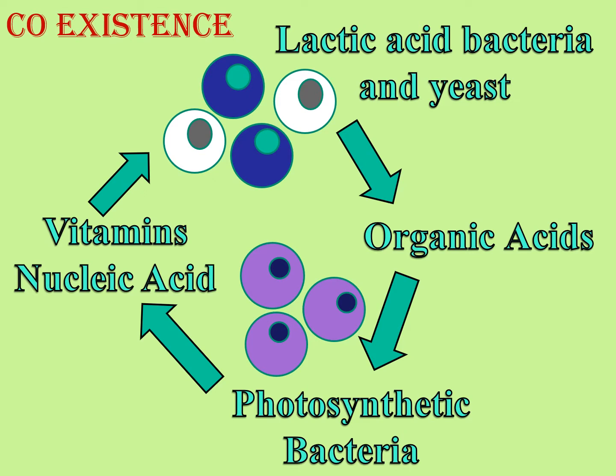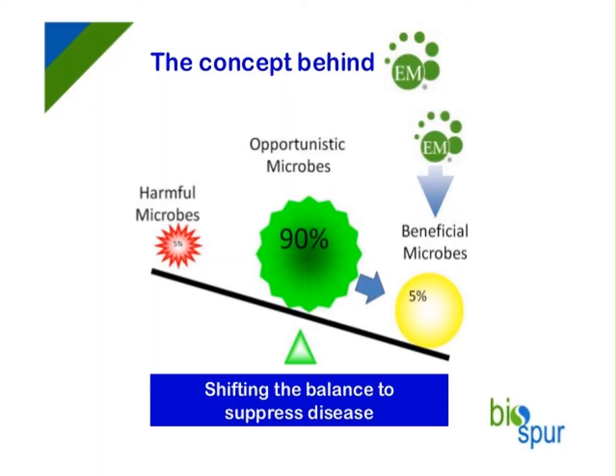Coexistence. Lactic acid bacteria and yeast produce organic acids which are used by photosynthetic bacteria. Photosynthetic bacteria produce vitamins and nucleic acids which are used by lactic acid bacteria and yeast.